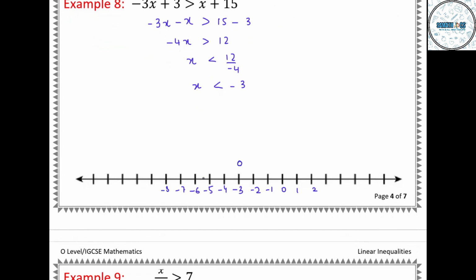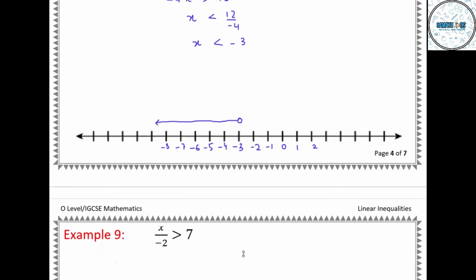The circle is not to be shaded because we have just the less than sign, and the arrow is towards the left. We have to draw a line towards the left. All the values less than minus 3 are the values of x, which starts from minus 3. Minus 3 is not included. The circle is not shaded, which means that minus 3 is not included.